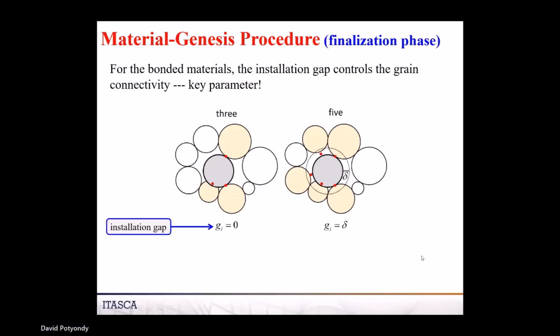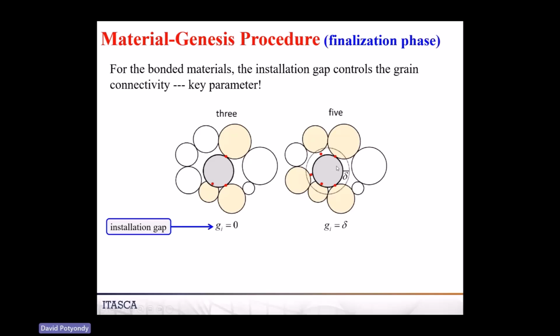Now, one of the parameters that's super important, it turns out, is this thing called installation gap. Here's what the installation gap does. It defines a magic region that's bigger than the ball itself. That's this delta value you're giving.